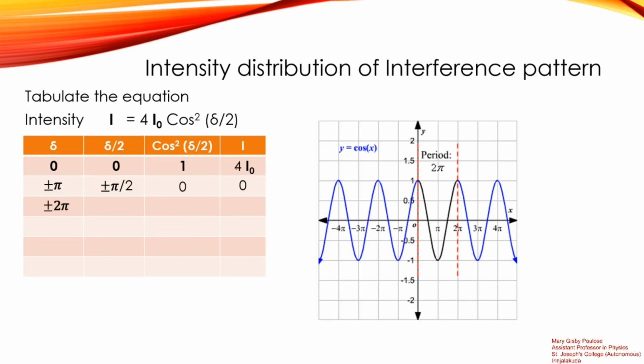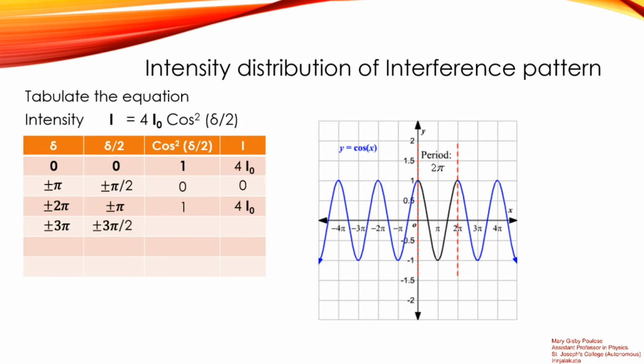Now, when phase difference delta is plus or minus 2 pi, delta by 2 gives plus or minus pi. That implies cos square delta by 2, that is cos square of plus or minus pi, is 1. Hence, intensity becomes 4 I naught. Again, when delta is plus or minus 3 pi, delta by 2 is plus or minus 3 pi by 2.